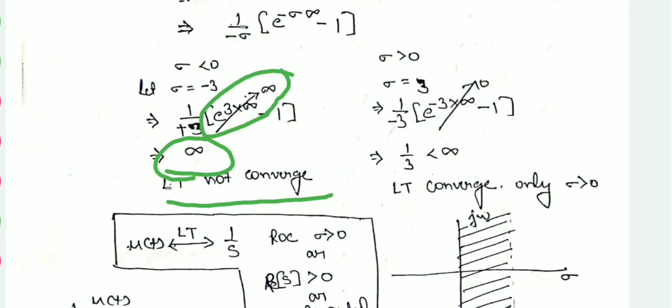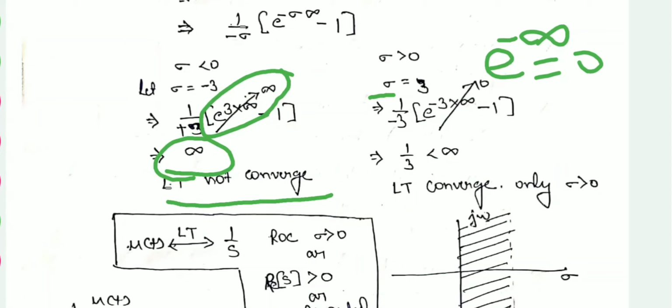For sigma equal to positive 3, when we put in this limit, e to the power minus 3 into infinity becomes e to the power minus infinity, which is equal to 0.